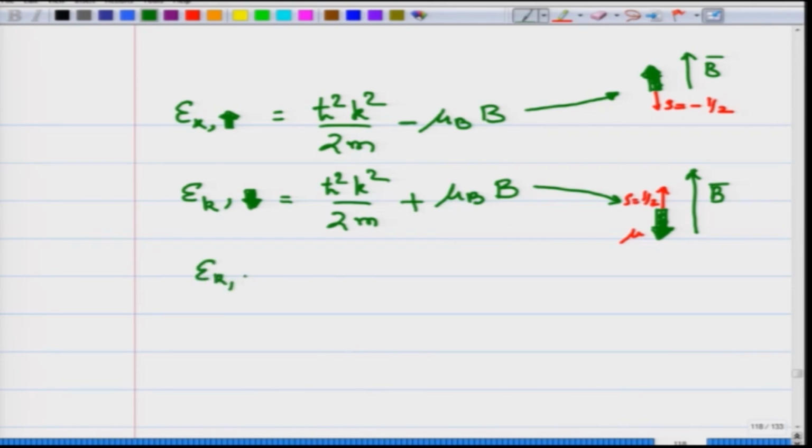So, E k anti-parallel to the B direction has energy which is greater than E k parallel to the B direction. Okay.